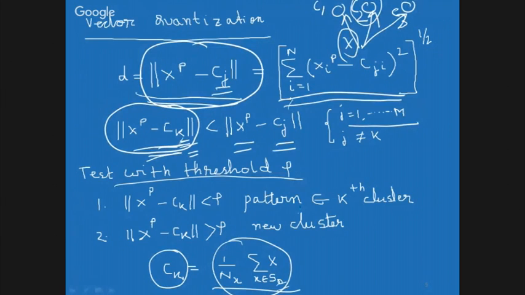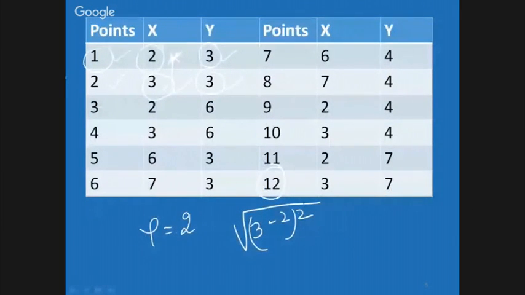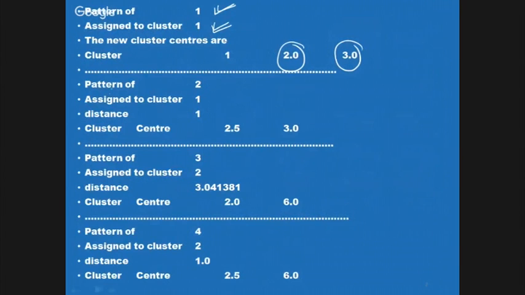Then again the summation, then again 3 minus 3, so this is 3 and this is also 3. So, it will be 3 minus 3 whole square. That means we are getting only 1. So, in the second case, the Euclidean distance is 1.